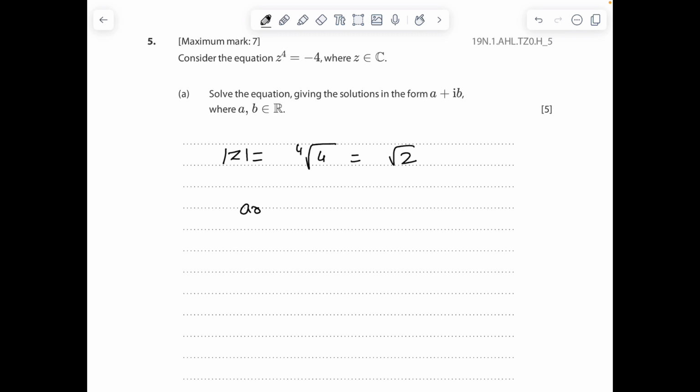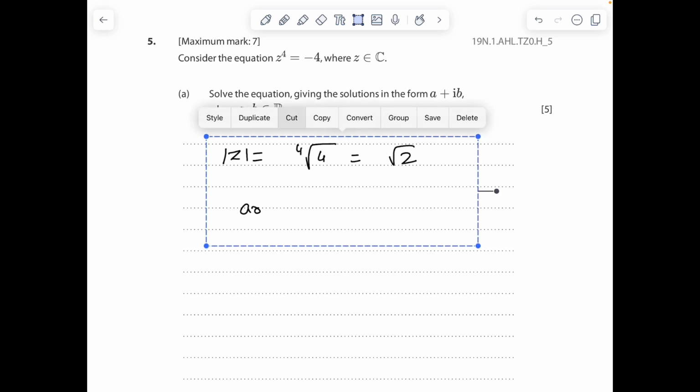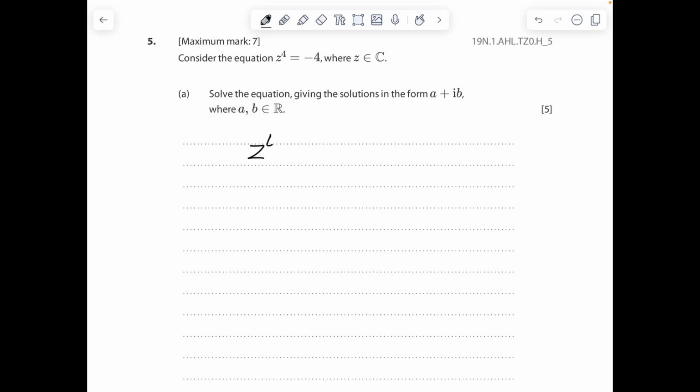So what am I going to do this? Instead of doing it in that way, I can do it in another way. Z power 4 equals negative 4 times 1. So z power 4 equals 4 times negative 1 plus i times 0.